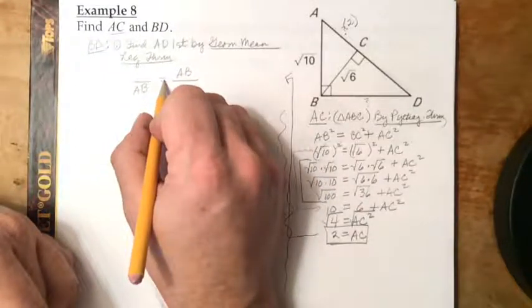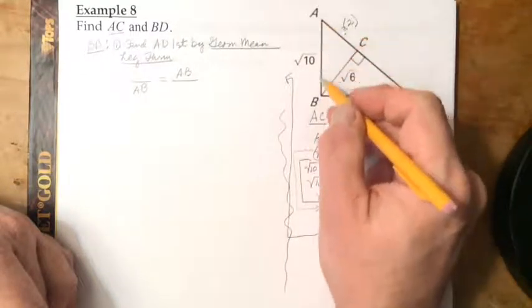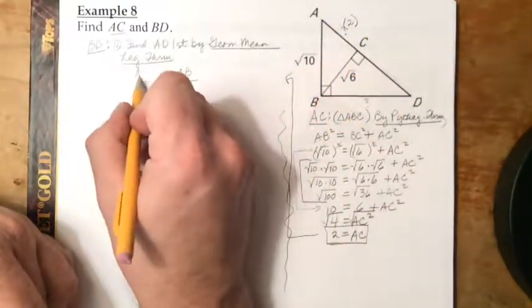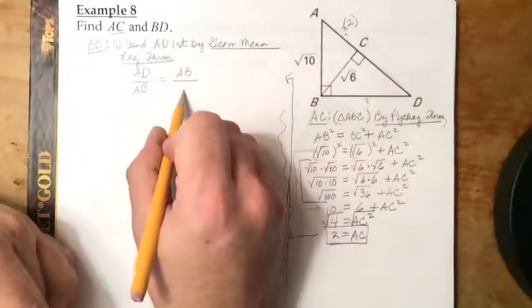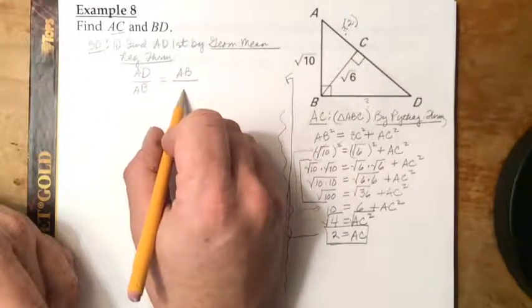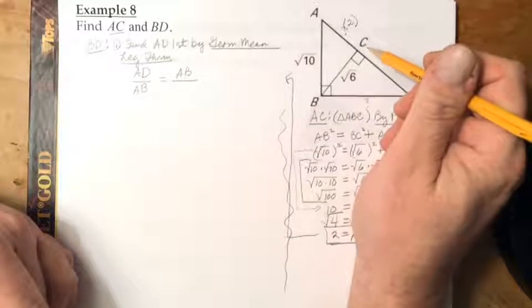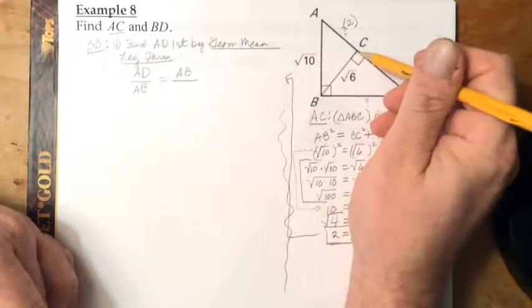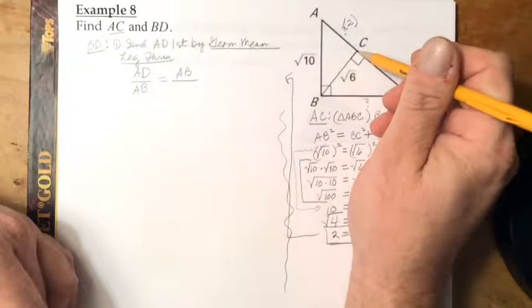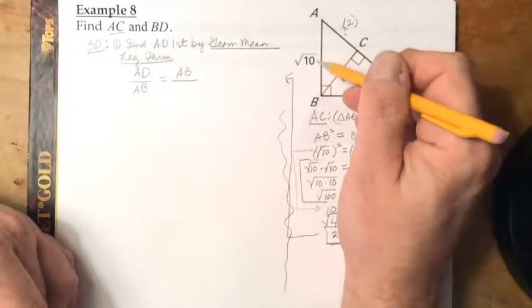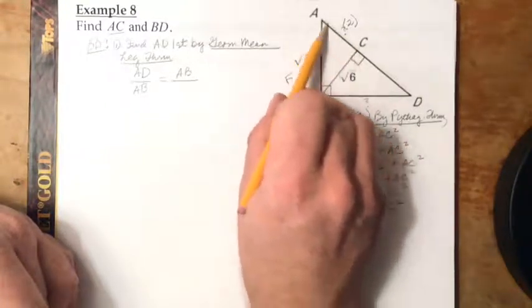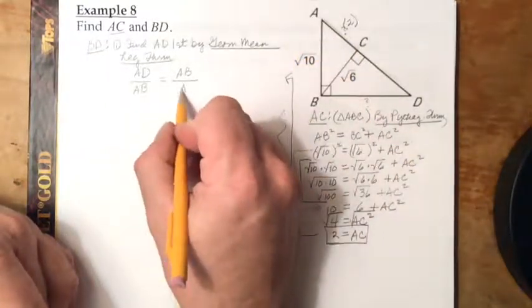And then in the extremes places, this is the geometric mean of the entire hypotenuse, AD, and the other extreme would be the segment of the hypotenuse that was created by the altitude that's closest to the leg that we were given. This is the leg we were given, AB. So this right here, AC, goes right here.